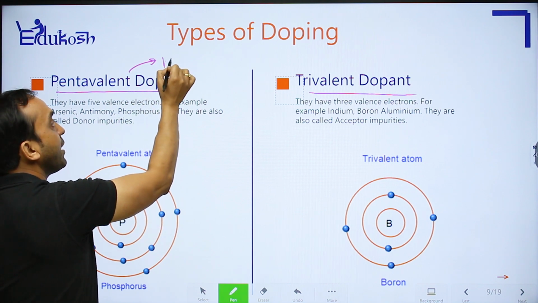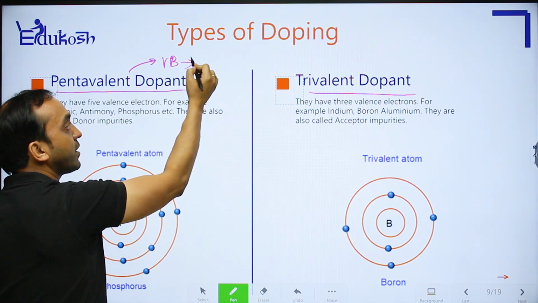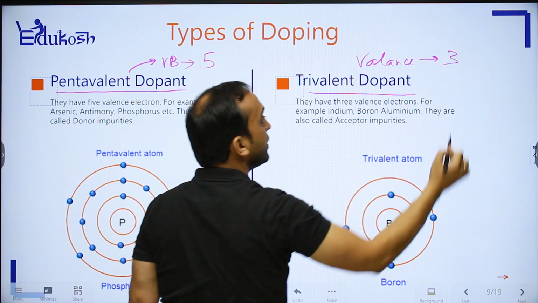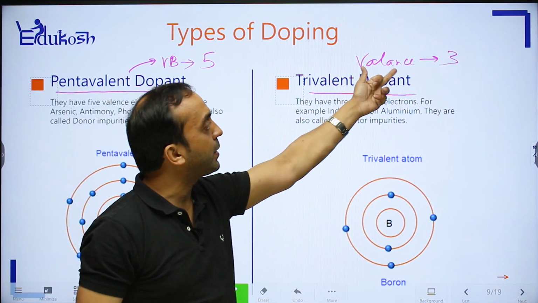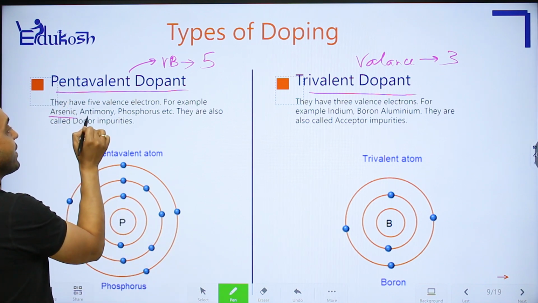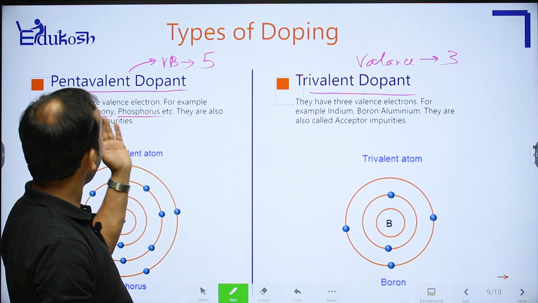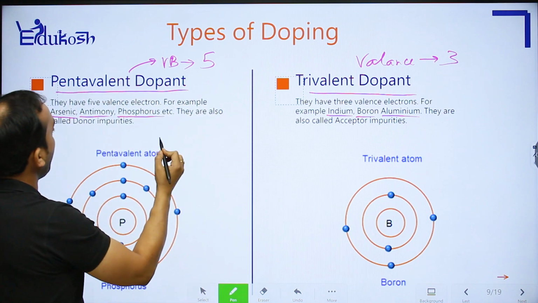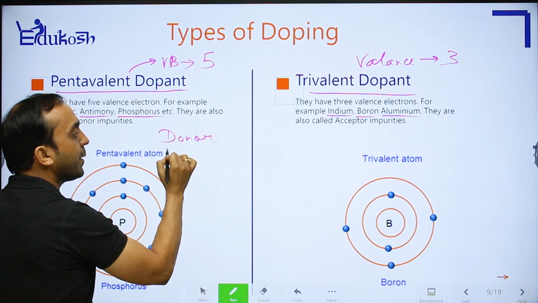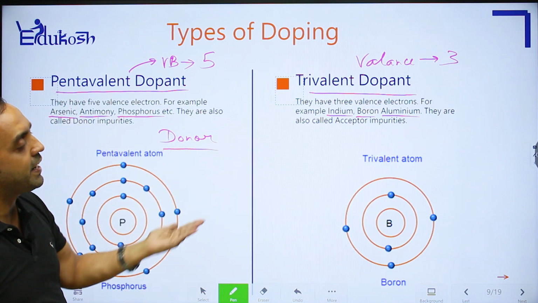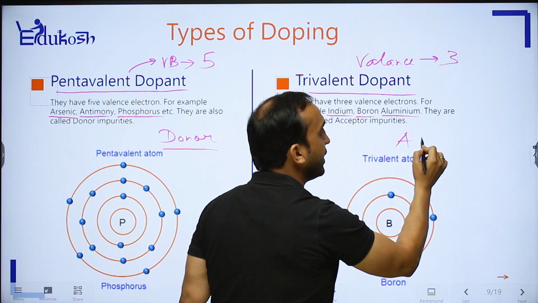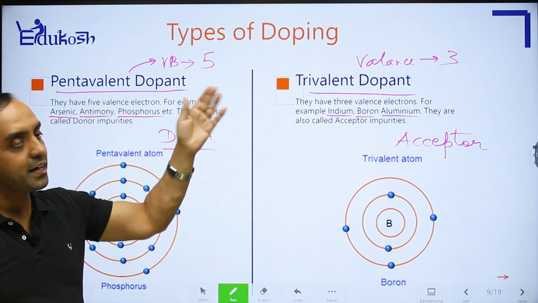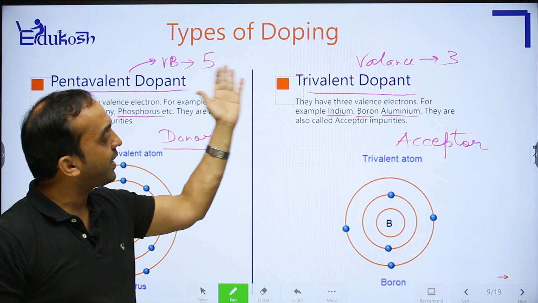Pentavalent मतलब कि यहाँ पे 5 वैलेंस इलेक्ट्रॉन होते हैं और यहाँ पे 3 होते हैं. ठीक, तो आउटर मोस्ट ऑर्बिट में 5 इलेक्ट्रॉन, आउटर मोस्ट ऑर्बिट में 3 इलेक्ट्रॉन. एग्जाम्पल की बात करें तो आर्सेनिक, एंटीमनी, फॉस्फोरस फॉर द पेंटावेलेंट इंप्योरिटीज, और यहां पे हो जाएगी इंडियम, बोरॉन या एल्यूमिनियम. इसको हम डोनर इंप्योरिटीज भी कहते हैं, बिकॉज दे आर कैपेबल ऑफ डोनेटिंग द इलेक्ट्रॉन. और इसको हम एक्सेप्टर इंप्योरिटीज भी कहते हैं, बिकॉज इट इज कैपेबल ऑफ एक्सेप्टिंग द इलेक्ट्रॉन. तो ये दो तरह के डोपेंट्स हम डाल सकते हैं, ट्राइवेलेंट एंड पेंटावेलेंट.